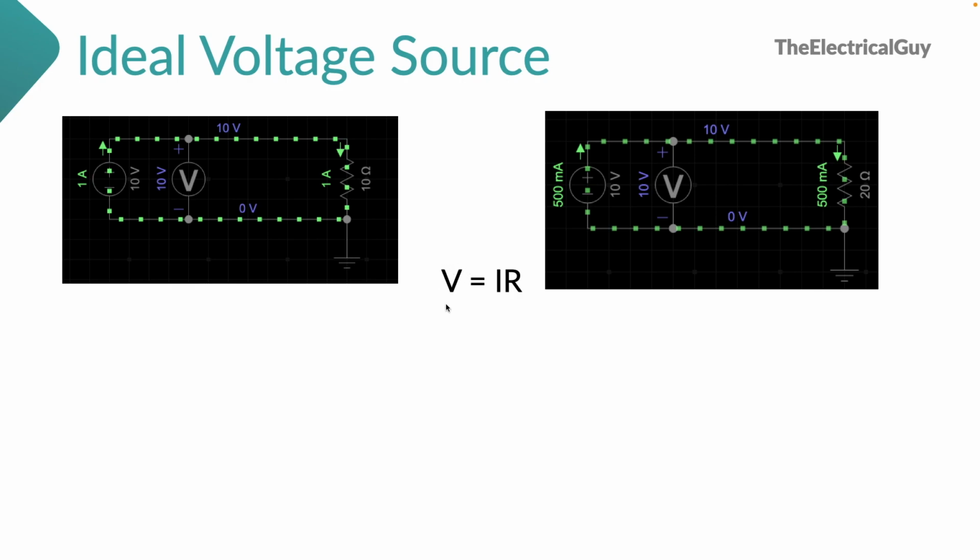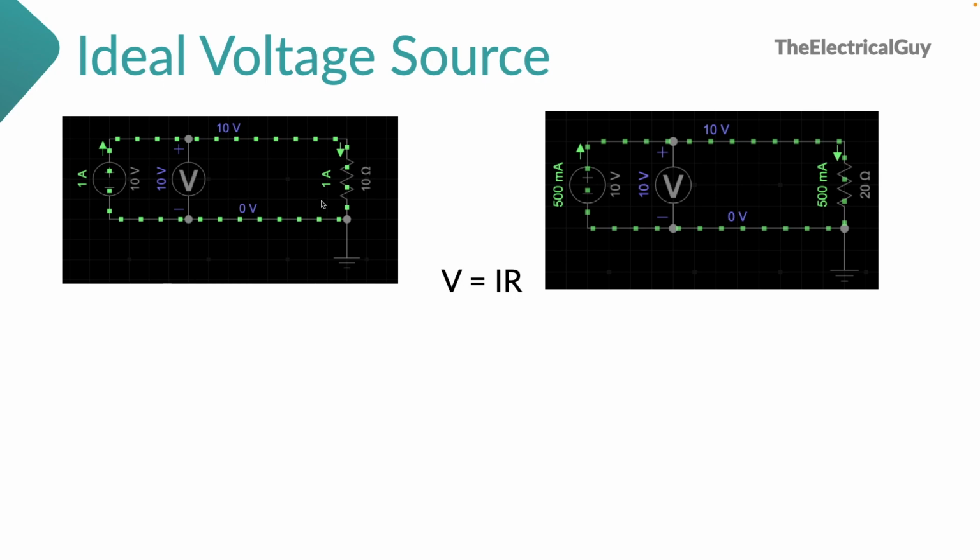Clear? But in this case, what happened is we changed the resistance from 10 to 20. So R changed. So to keep the voltage constant, what needs to be adjusted? Yes, of course, the current. We need to change the current in order to keep the voltage constant. And that's what happened in the ideal voltage source.